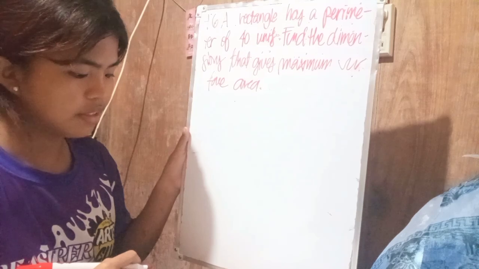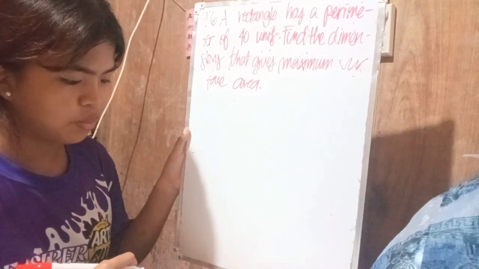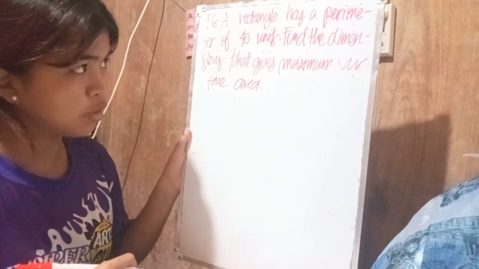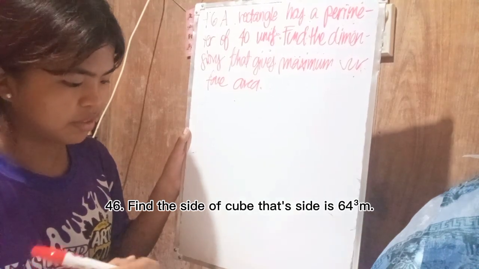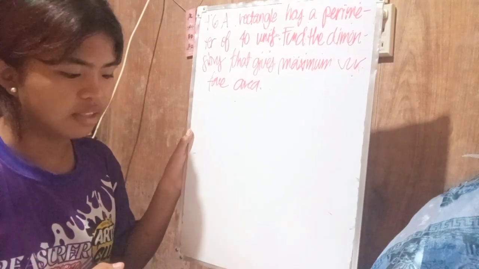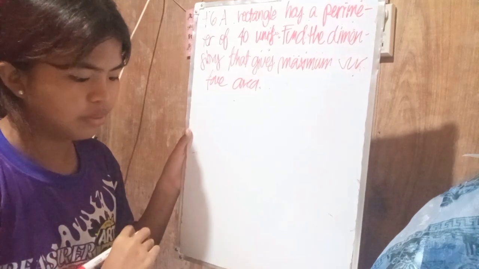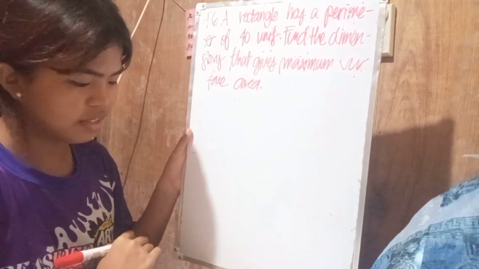Number 46. Find the side of a cube with a volume of 64 cubic meter units that has a minimum surface area. So, same as before, let the side equal x.